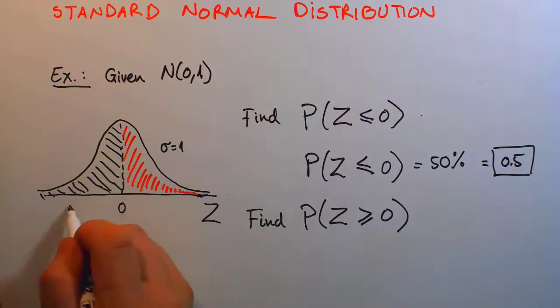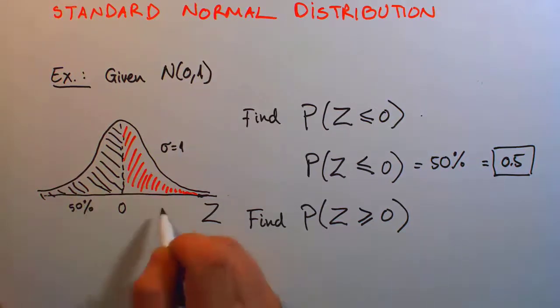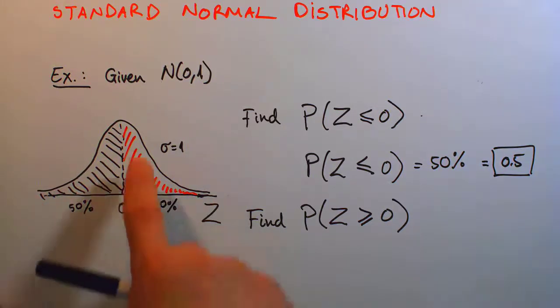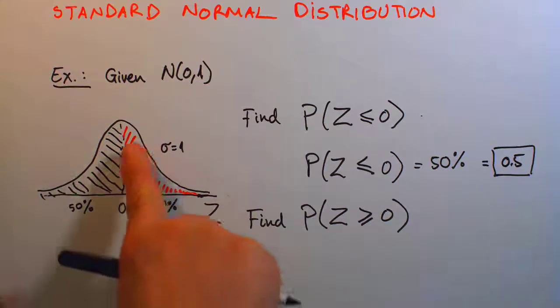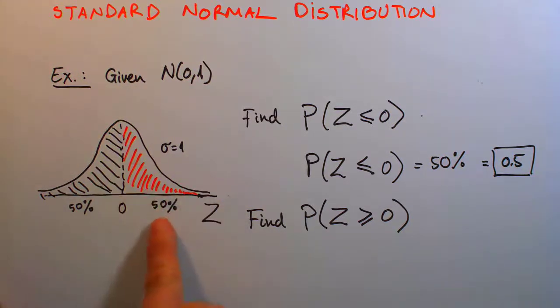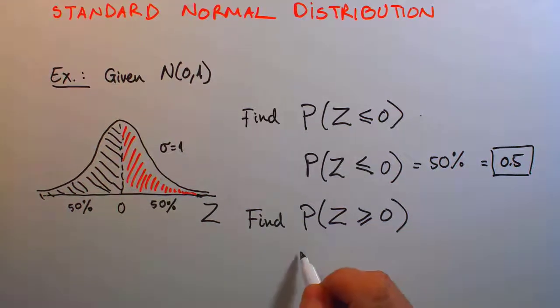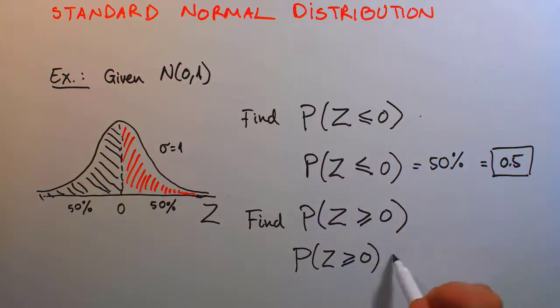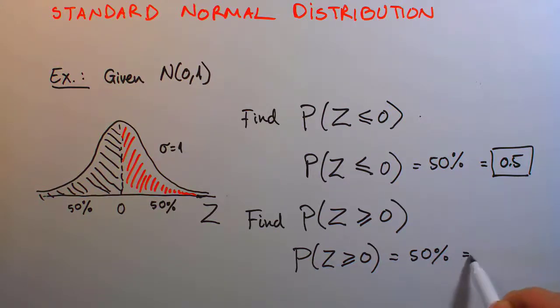So there's 50% here, and there's the other 50% here. And I'm not talking about the length, how long this line horizontally is, but I'm talking about how much area cumulatively here. So this red shaded area is exactly half of the total amount of area being 100. And so this probability that z is greater than or equal to 0 is, needless to think, 50%, or once again in formal probability expression, 0.5.